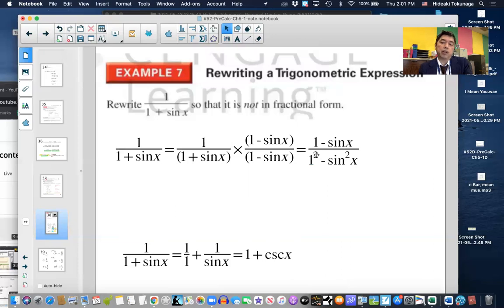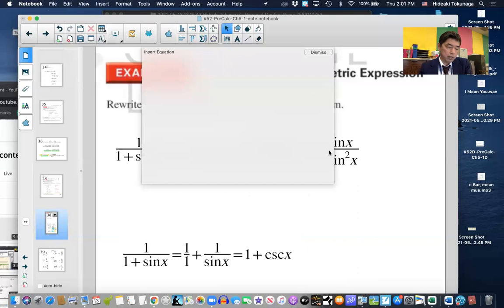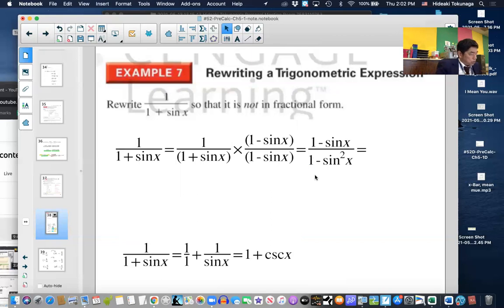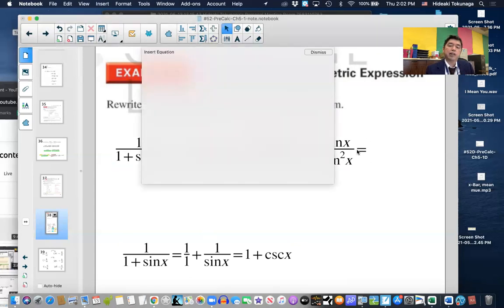This is what? 1, right? So I write down 1 here. Once you see 1 minus sine squared, use the Pythagorean theorem, sine squared theta plus cosine squared theta equals 1. So this must be cosine squared theta.